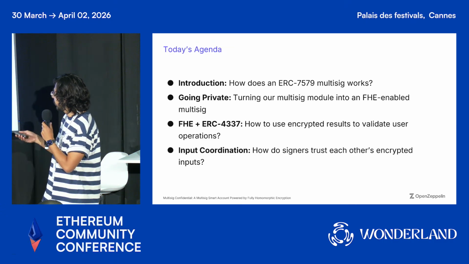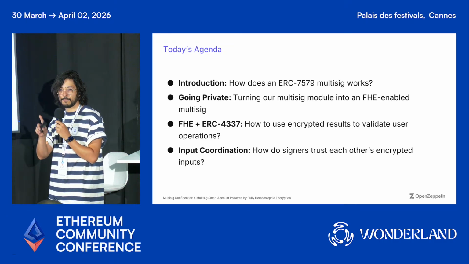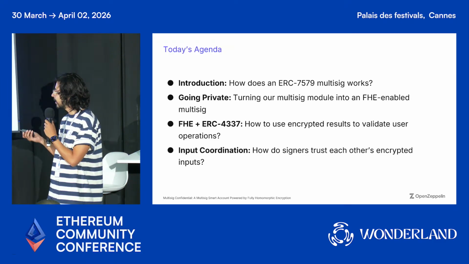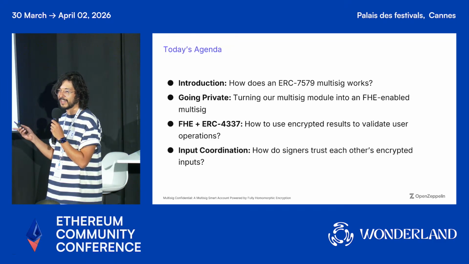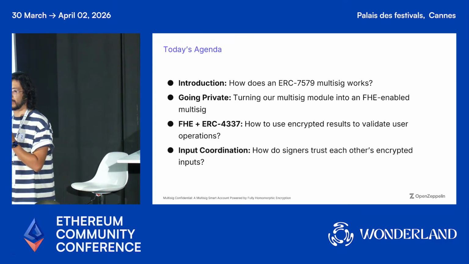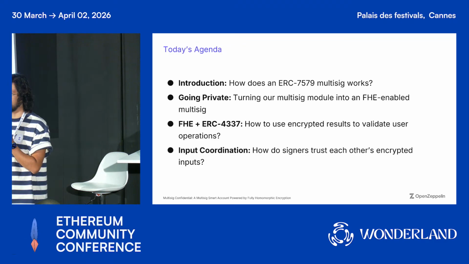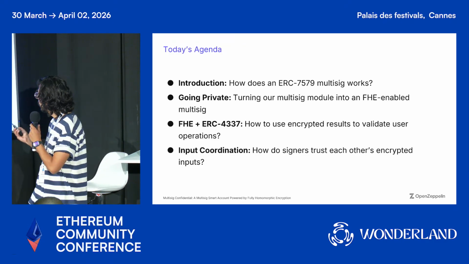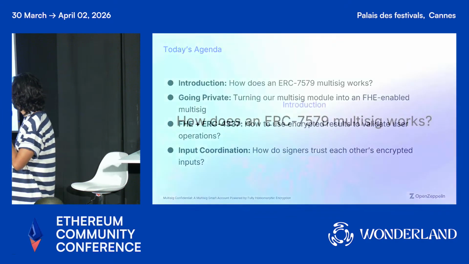For the third topic, we're going to explore the combination of Fully Homomorphic Encryption, FHE, plus ERC4337. And finally, we're going to discuss, if we have enough time, what I call input coordination, which is a fundamental problem about communication between signers in a multisig when they are interacting with private applications. So let's jump into it.